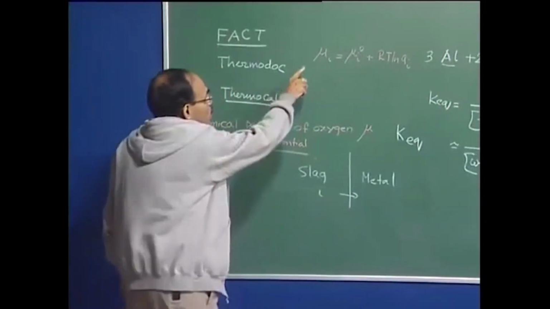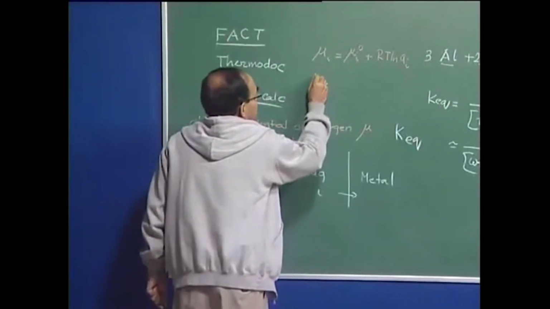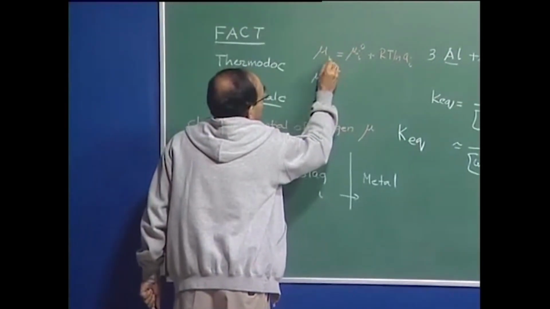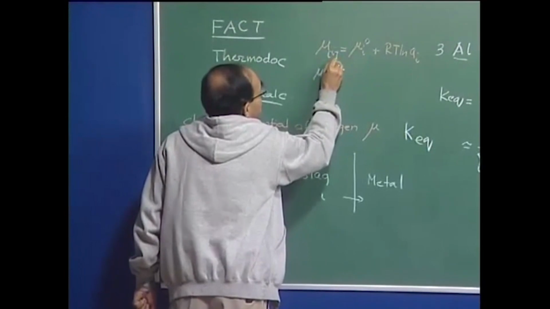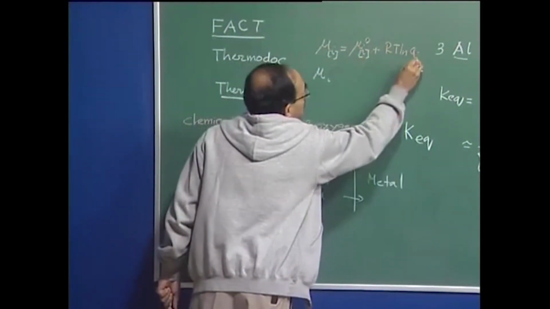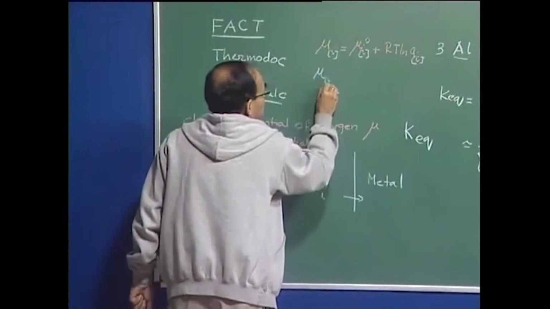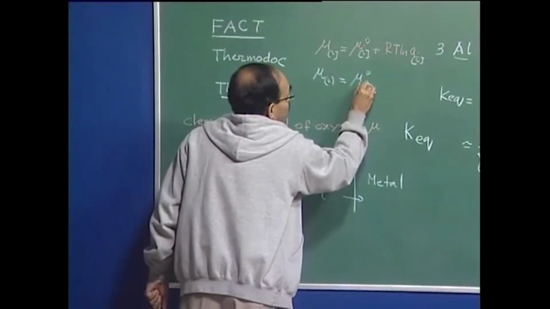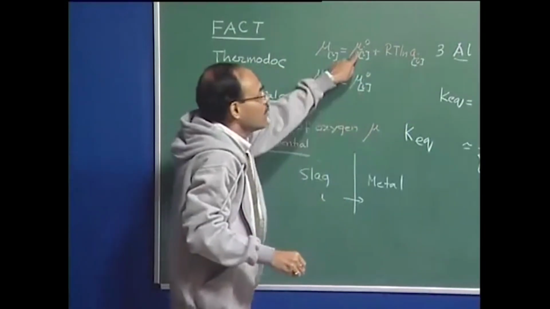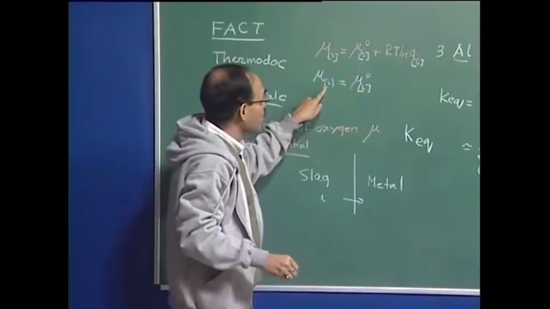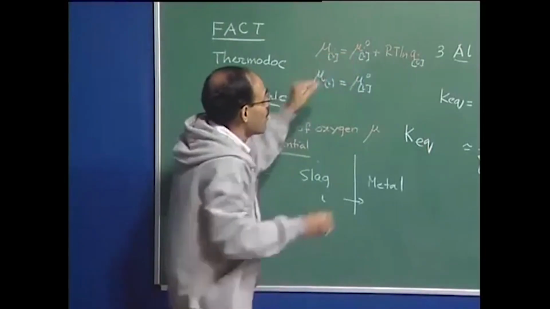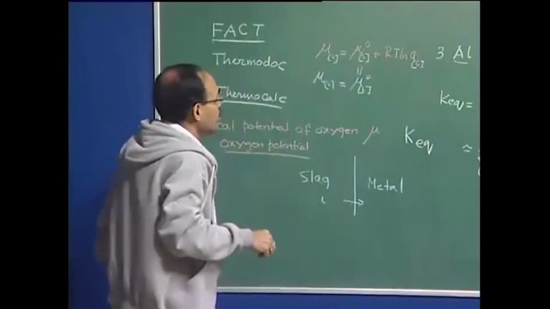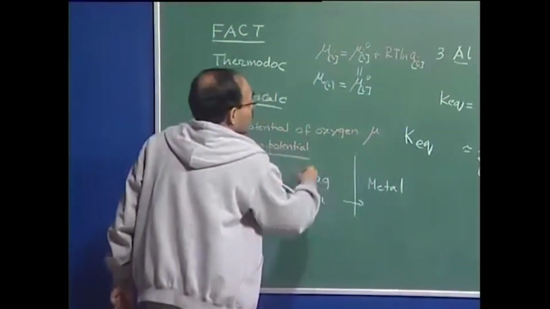Now, say this is metal and this is slag, and I assume that the same standard state applies, so I denote them by different brackets, making the assumption that the same standard chemical potential holds for both the slag and the metal phase.